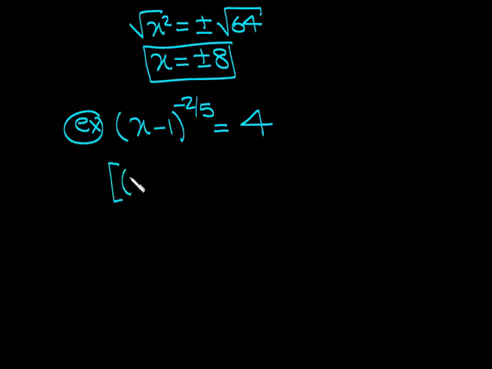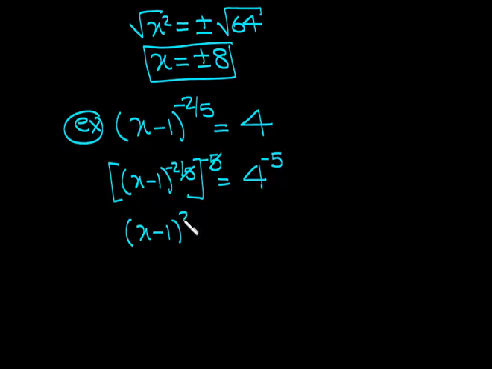So I'm going to raise both sides to minus 5. So I get 4 raised to minus 5. When you multiply this, the negative and negative become positive, and the 5's cancel. So we end up with x minus 1 squared is equal to 1 over 4 to the 5, because of the negative exponent. That's something you can do on your calculator.